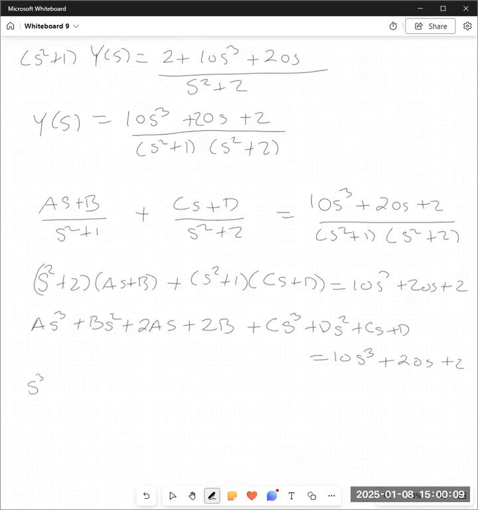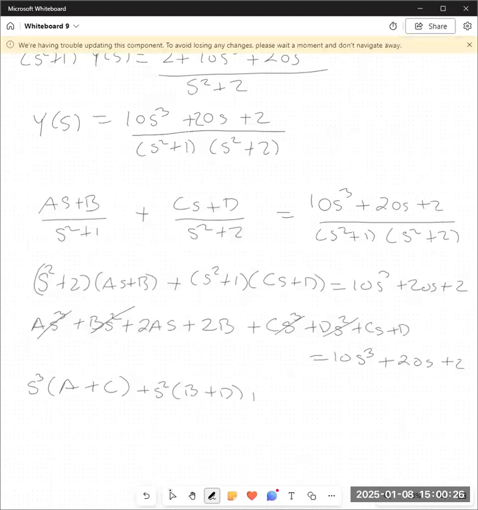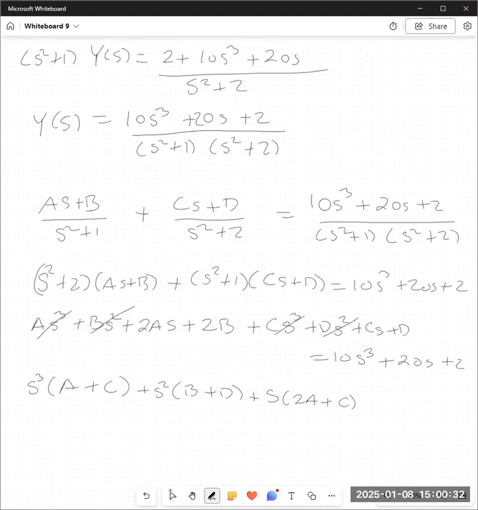My s cubed terms are a and c. My s squared terms are b and d. My s terms are 2a and c. And my constant terms are 2b and d.